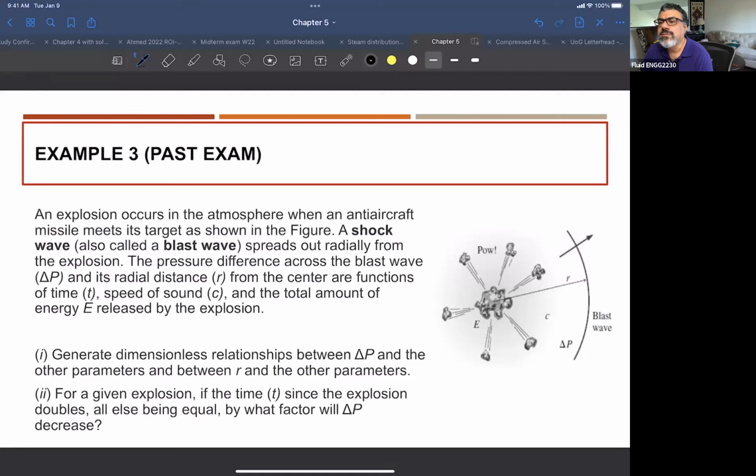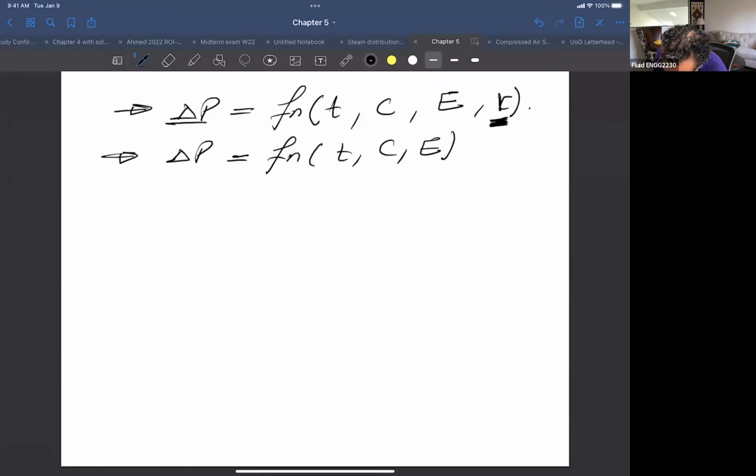Jacob, why? Because this is actually delta P at a certain R. He's telling you the pressure wave and its radius, which means this delta P at a certain R is a function of the other parameters, because delta P is not changing with R. Delta P at any R is that much.